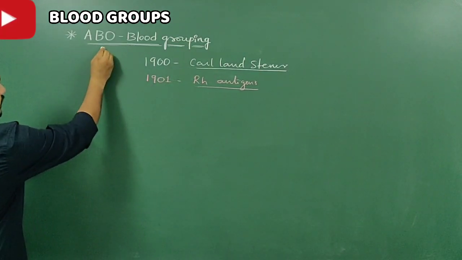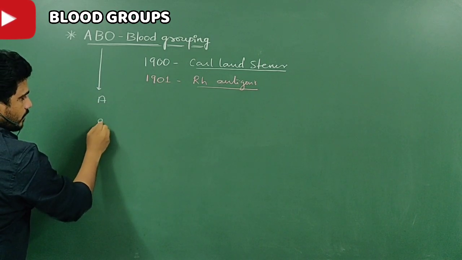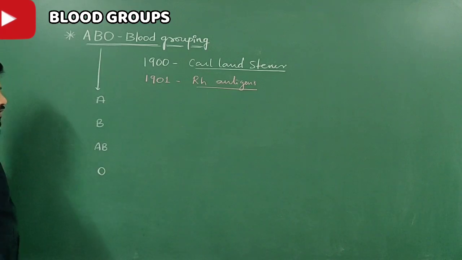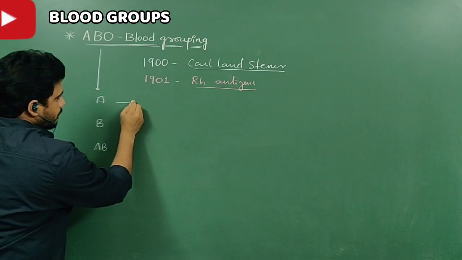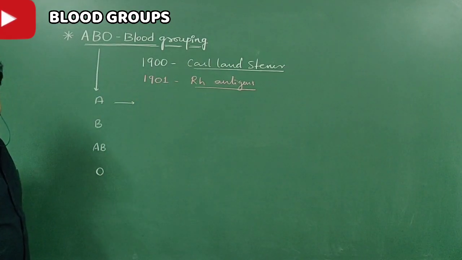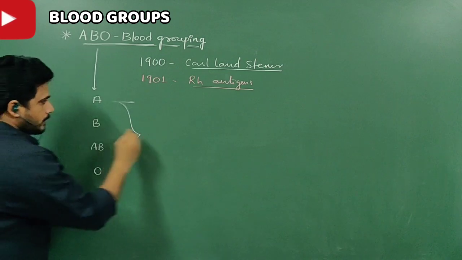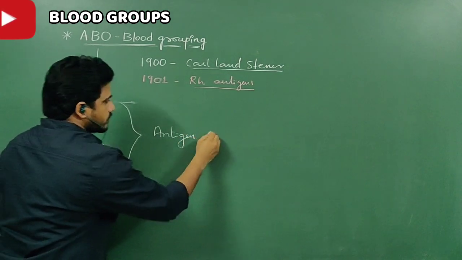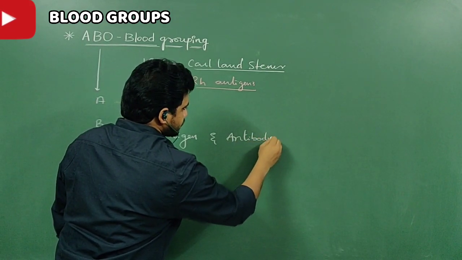If you talk about ABO blood grouping, in humans A group, B group, AB group and null group or O group are present. How can we say a person is A blood group? All these four depend upon antigen and antibody confirmation.